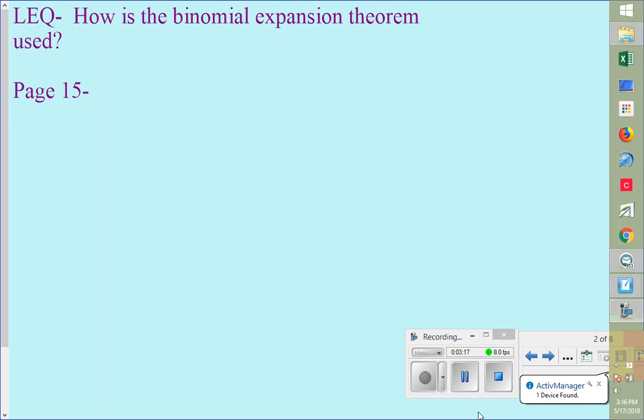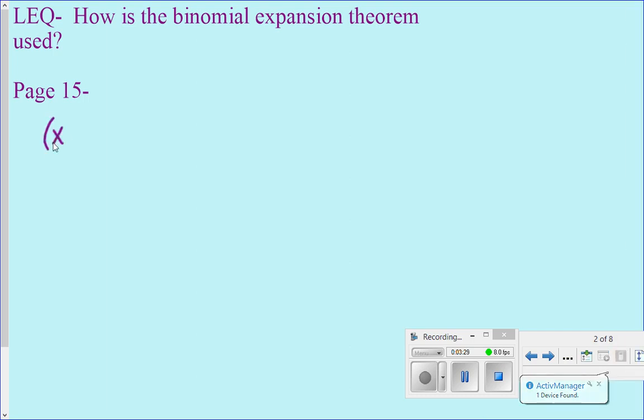Okay, and that tree diagram on the top of page 15 is representing us expanding a binomial. Specifically, the one that's represented there is the quantity x plus y to the third. Now, the way that I know that is because there are 3 layers to that diagram.